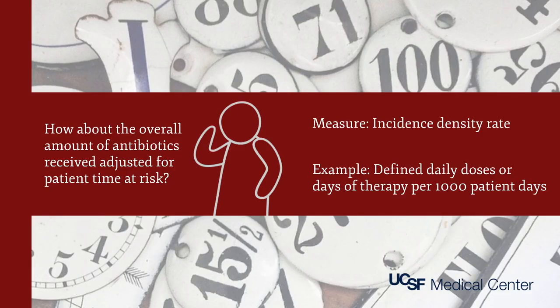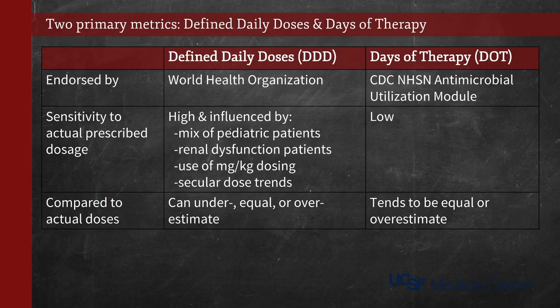different lengths of stay. There are two primary metrics for measuring aggregate antimicrobial use, which are meant to allow valid comparisons across institutions and over time. Historically, the defined daily dose methodology, which is endorsed by the World Health Organization, has been the most common metric reported in the literature.